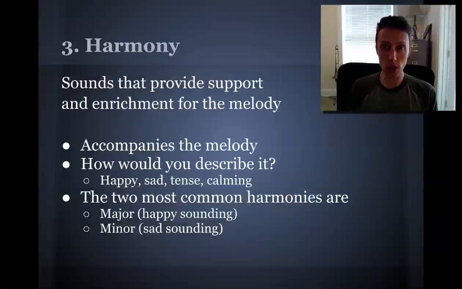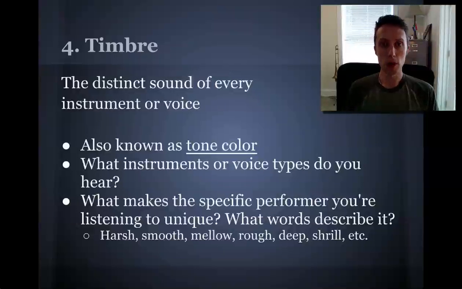There are lots of other different ones, but for the purposes of this class, until we get into harmony more in depth later, I want you to know that major means happy and minor means sad. So make sure that you can understand that and remember that one. It's an important thing. Okay, timbre is the next one.